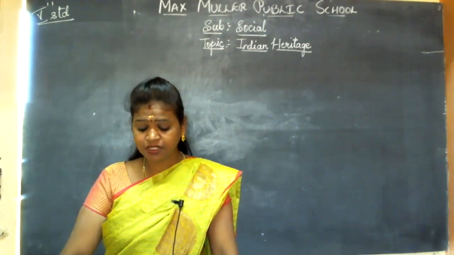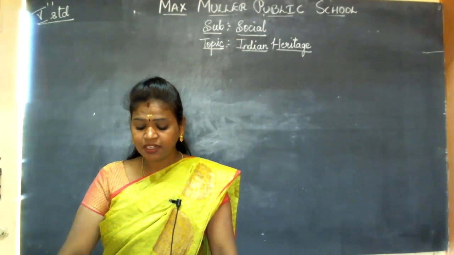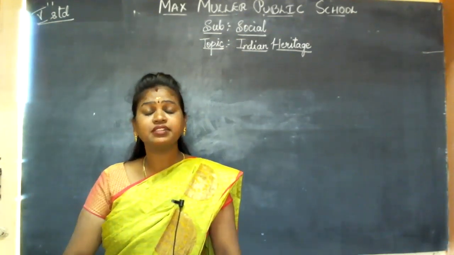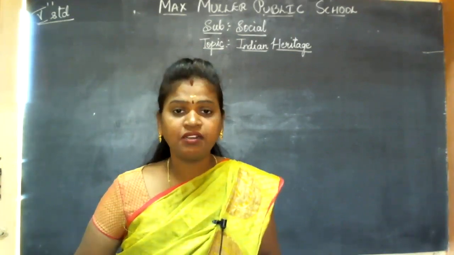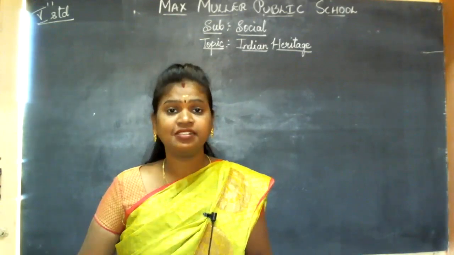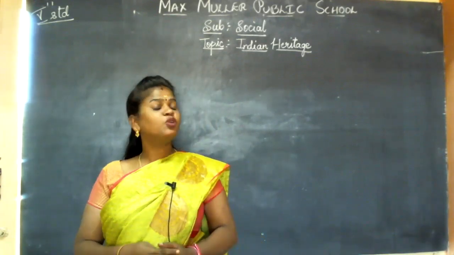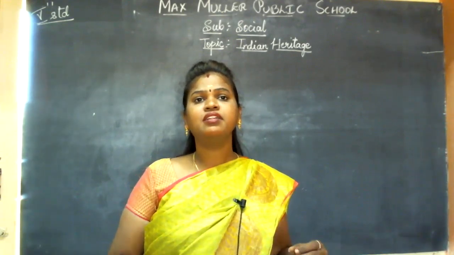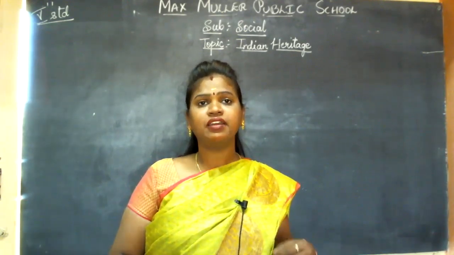See, there is a 7-meter iron pillar near the Qutub Minar. Even now, this iron pillar is not rusted. It is rust free. I told you the meaning of rust.